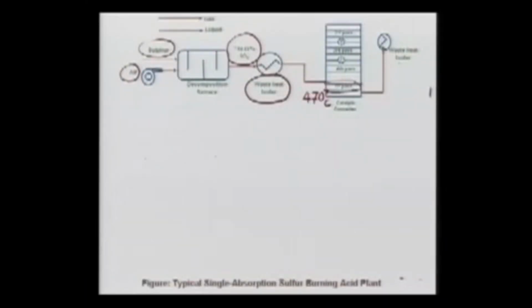So we pass it to the second phase, and again the remaining SO2 will convert into SO3 and produce heat, and that heat must be recovered. The sign you see here is what we are referring to as the heat recovery.